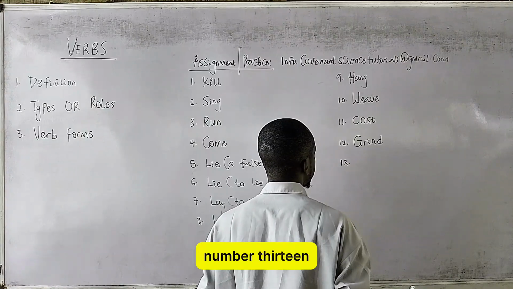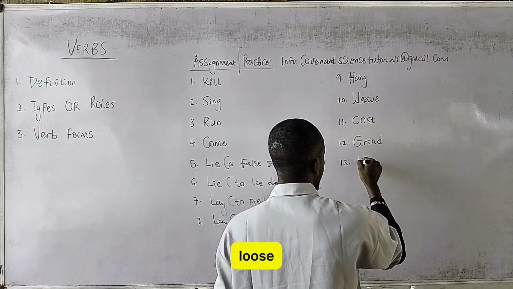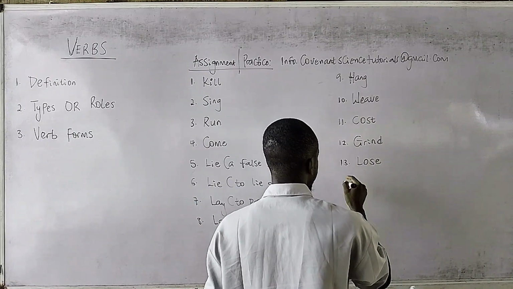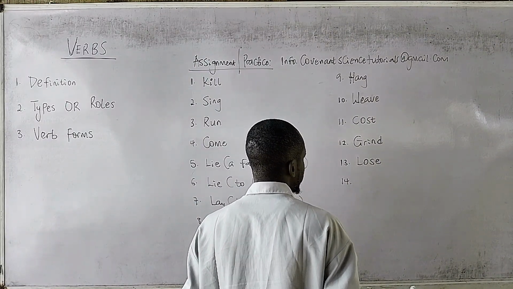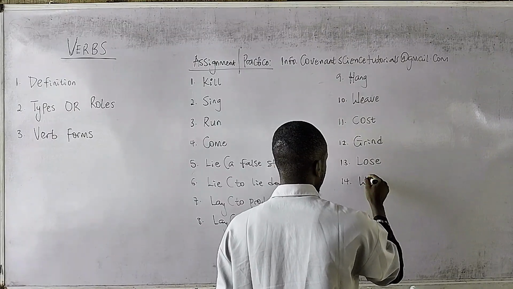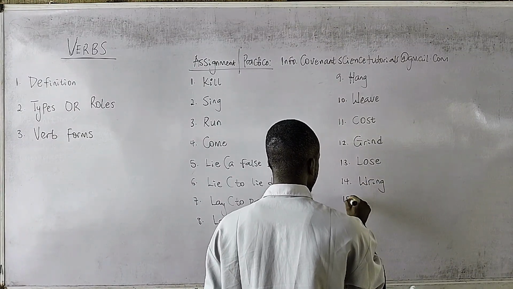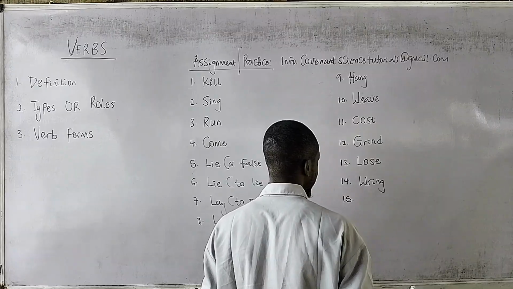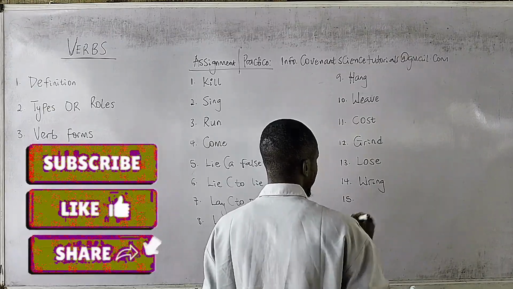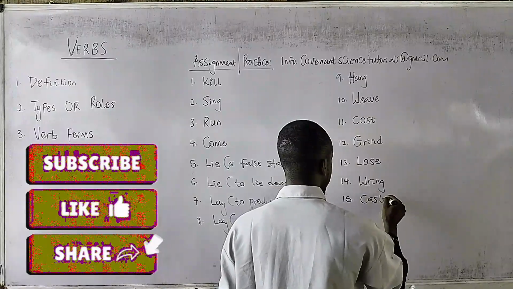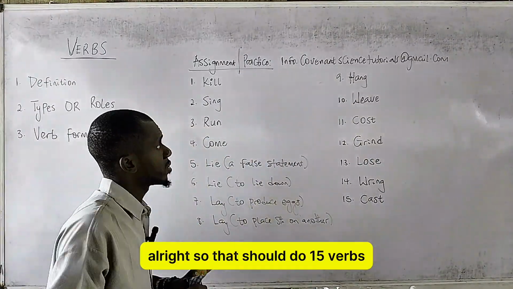Number 13, lose. Number 14, ring. 15, cast. So that should do 15 verbs.